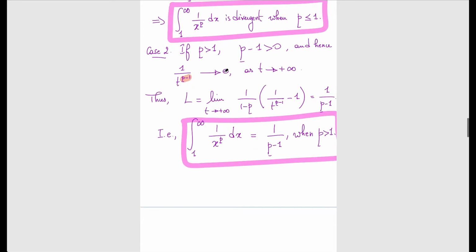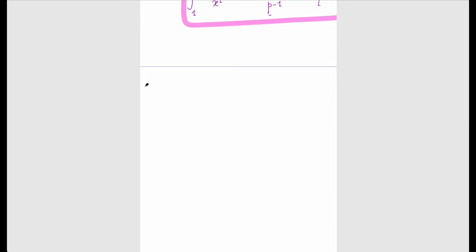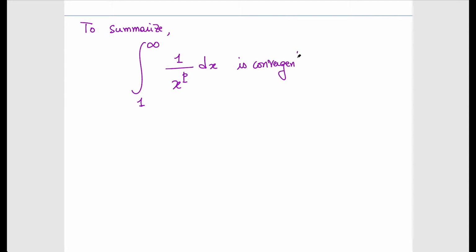So all in all, to summarize, the integral from 1 to plus infinity of 1 over x to the power p dx converges if and only if p is greater than 1, which means it converges precisely when p is greater than 1.